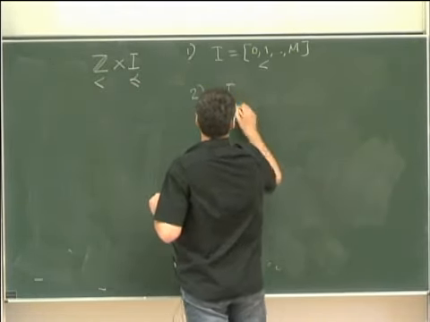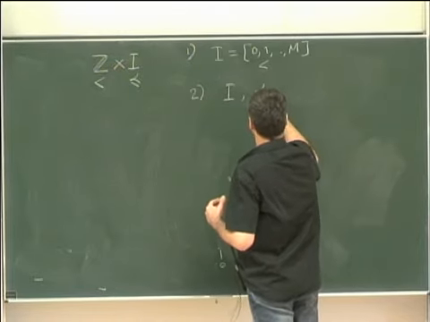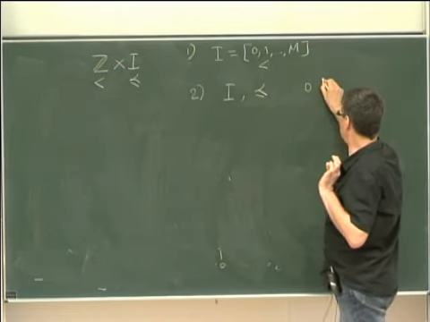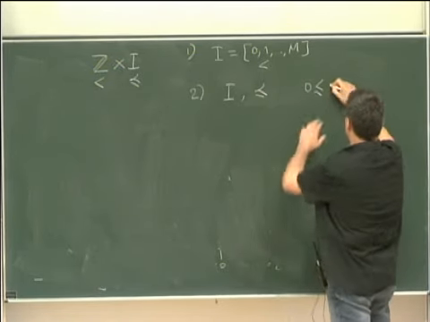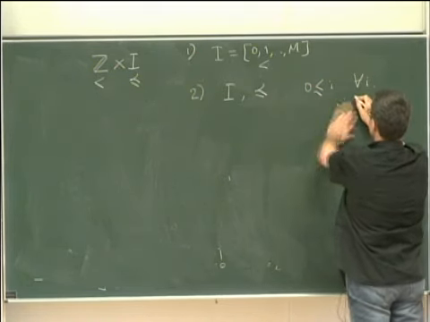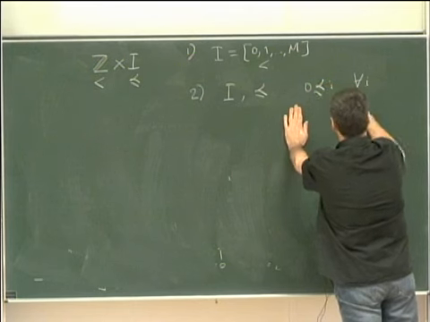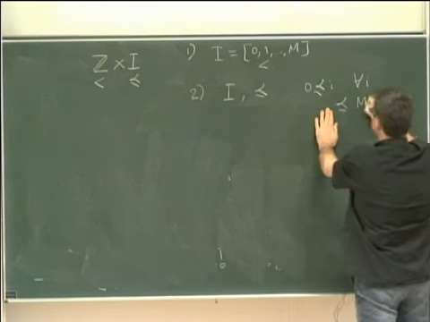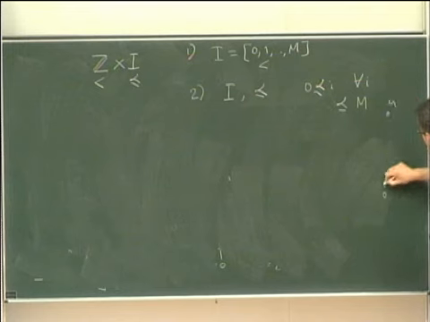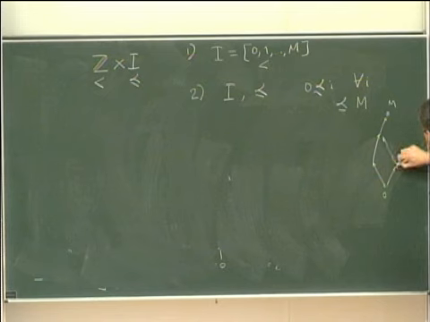Second, I is a partially ordered set that I'm going to assume has a minimum, 0, which is comparable to and smaller than every element of that set, and also every element is smaller than some maximal element m. So we have 0, we have m, and some kind of partial order, perhaps represented by the so-called Hasse diagram of the partial order.